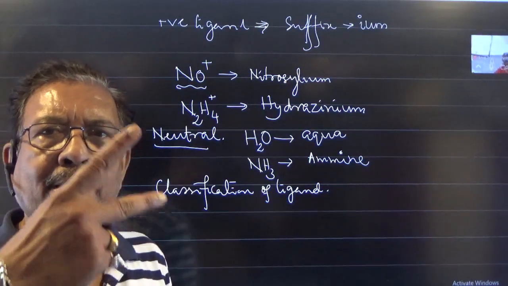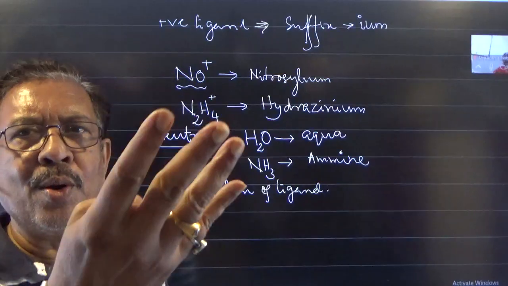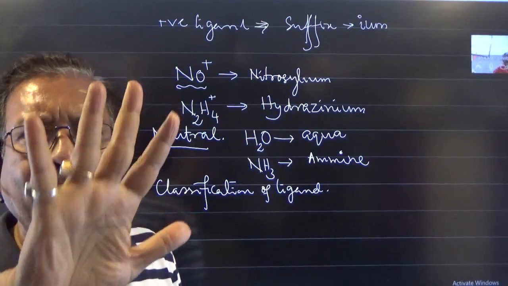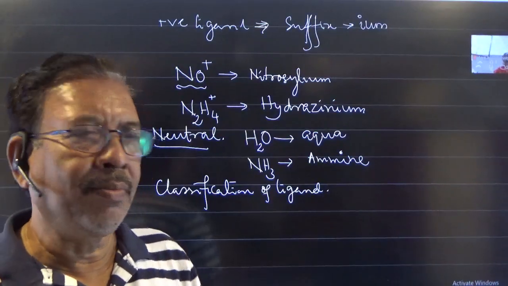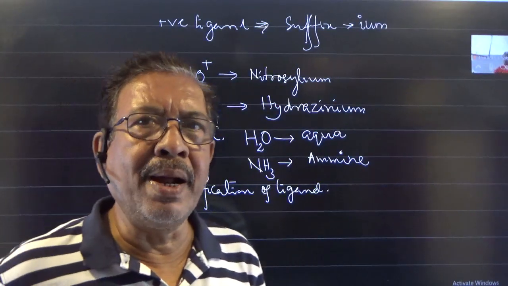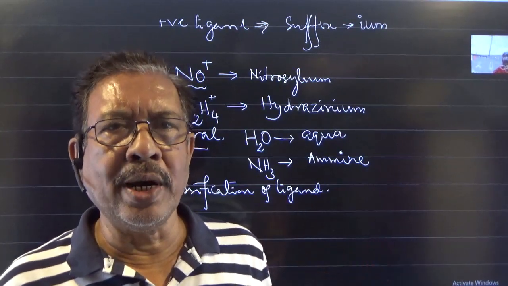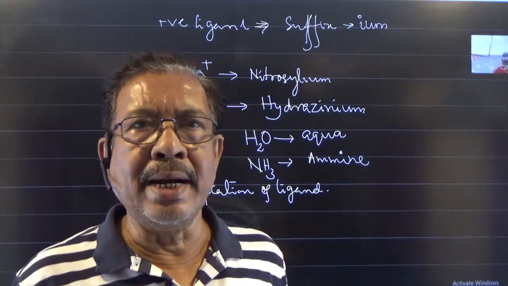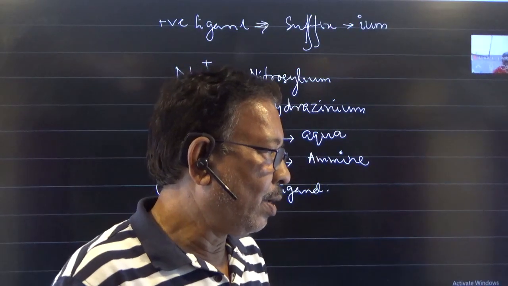It can donate 2 pairs, 3 pairs, 4 pairs, 5 pairs, it can donate 6 pairs, maximum 6 pairs. How many lone pairs are donated is known as denticity. Listen a little, we will write it afterwards.